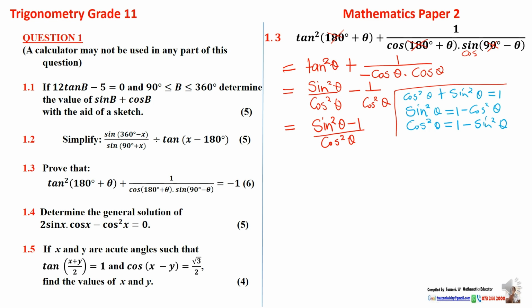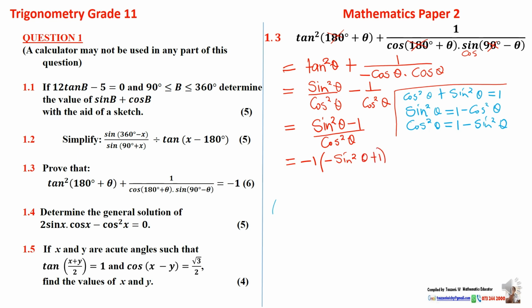So when you are doing factorization, you factor out negative 1. So from the top expression, you factor out negative 1. The negative 1 that we factor out will change this sine squared into negative of sine squared theta. And then the negative 1 will change into positive 1.